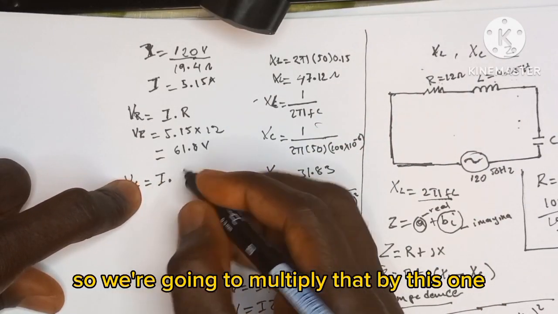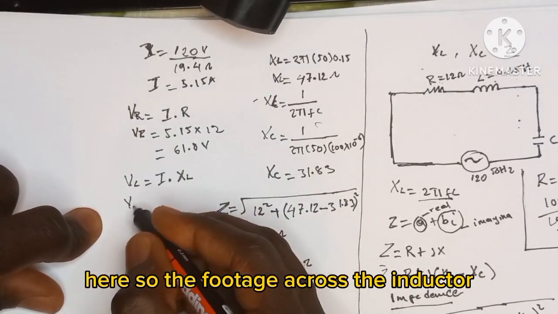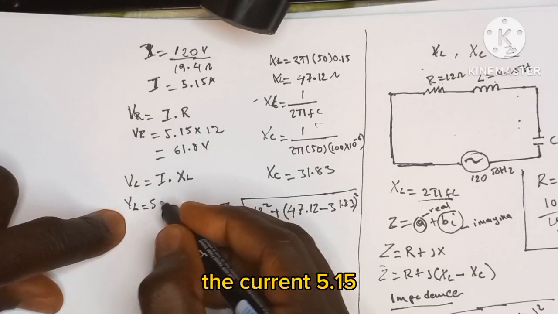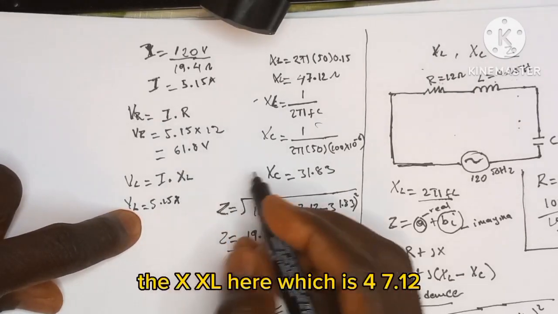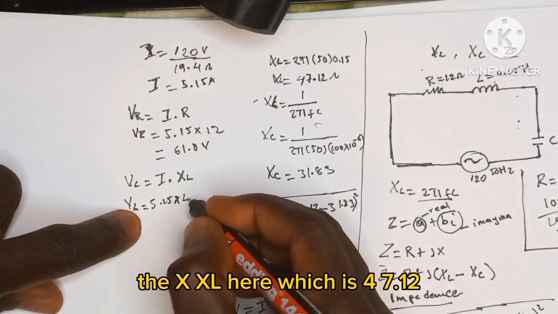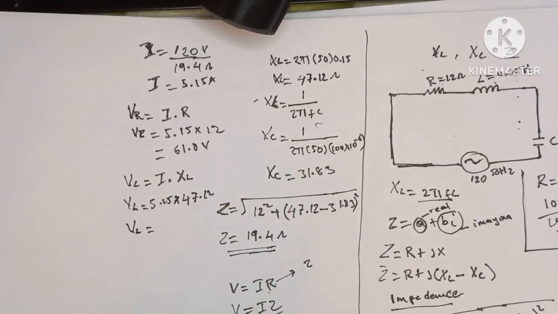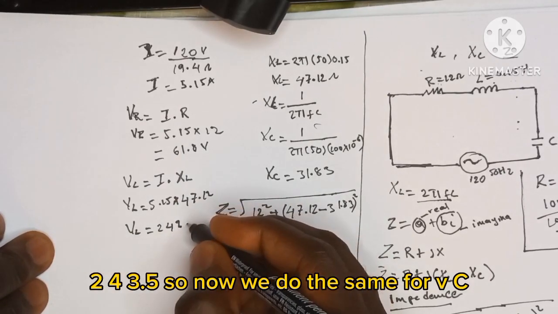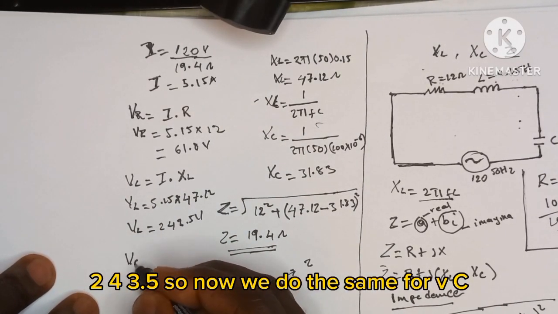So the voltage across the inductor is going to be the current times XL. That is 5.15 times 47.12. So VL here is going to be 242.5 volt.